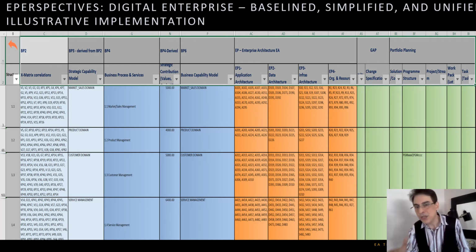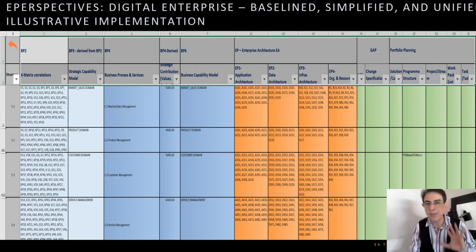When we move to the orange perspective, which is the enterprise perspective, this is where we start from the business capability model capabilities, as you see again on the left column.